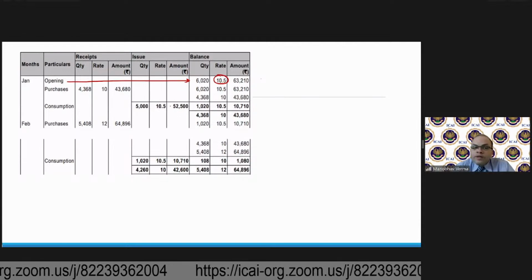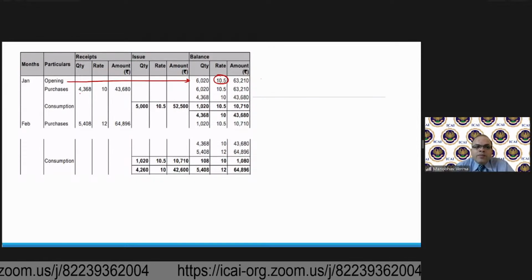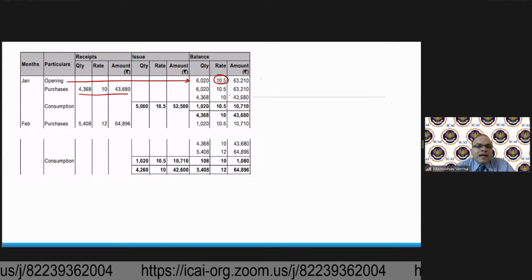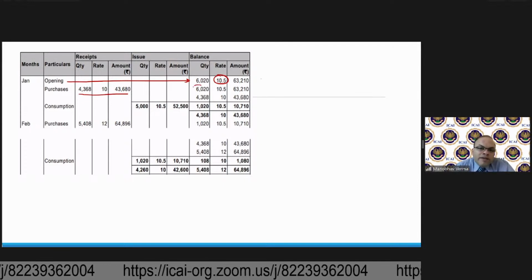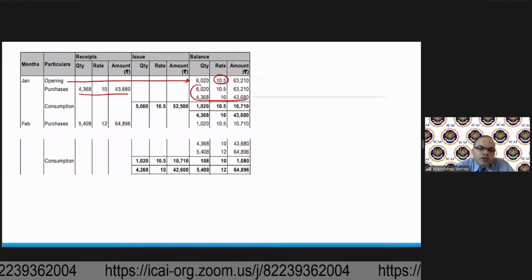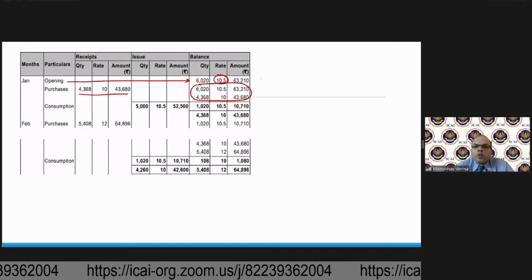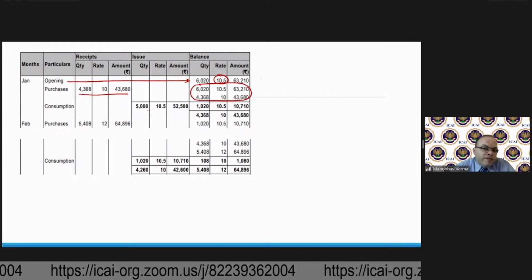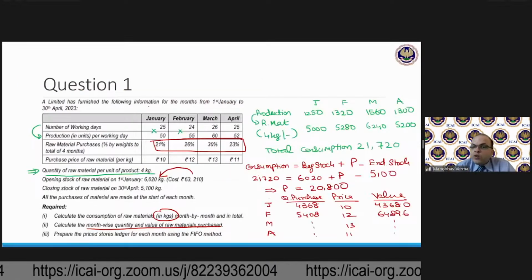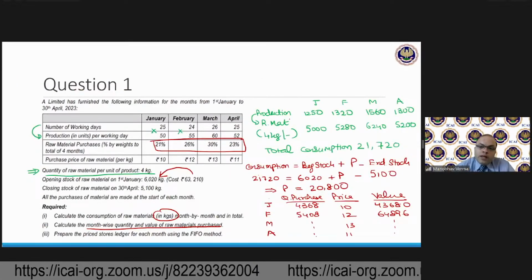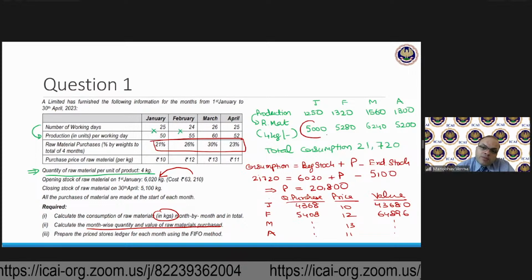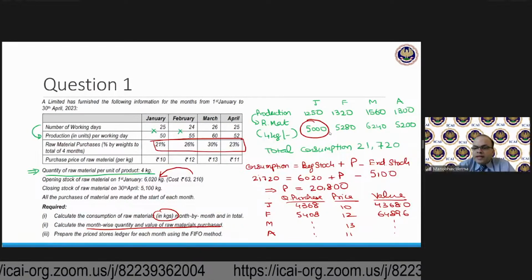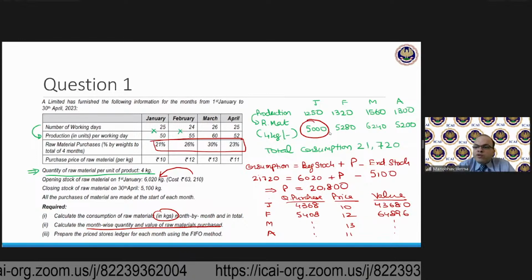And in the month of January, we are talking about a purchase here, which we have calculated at 4368, at the rate of 10. So at this stage, our inventory is this much, combining these two. And when we are issuing, when we are consuming, mind you, we calculated the consumption as part one. In January, there was a consumption of 5,000 units.